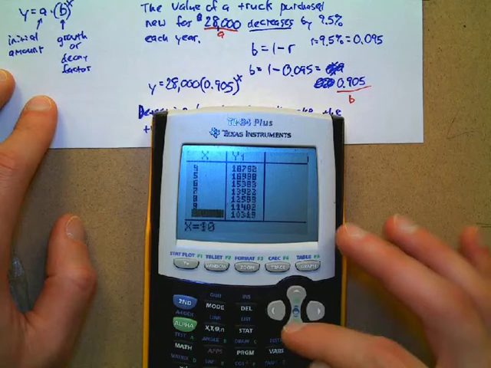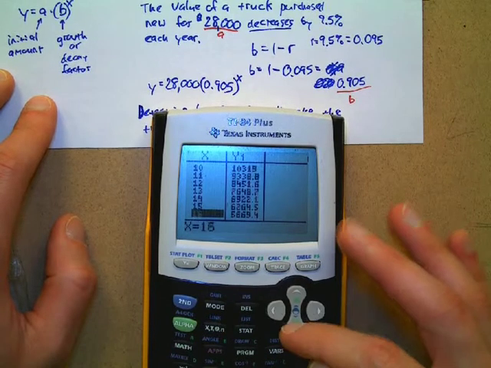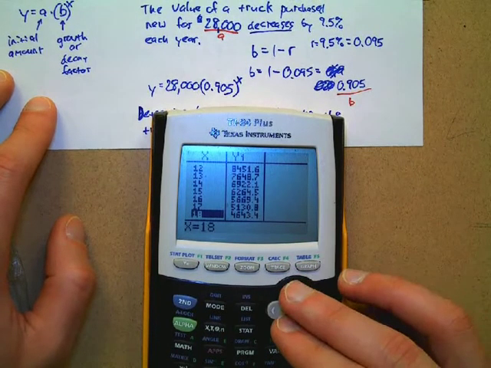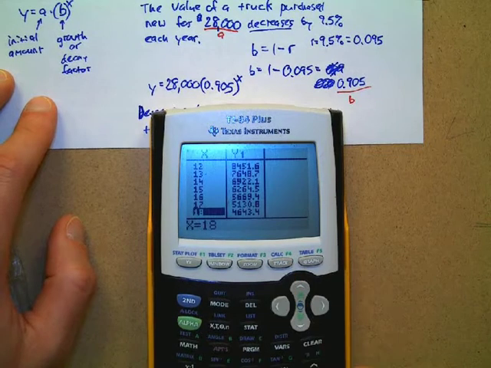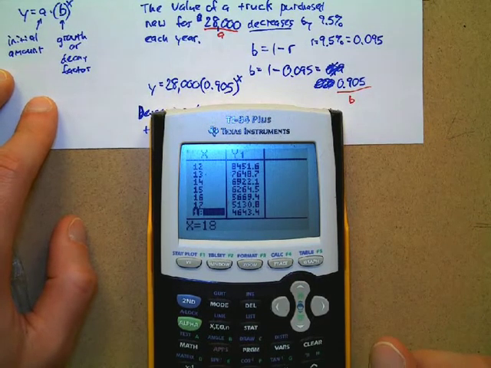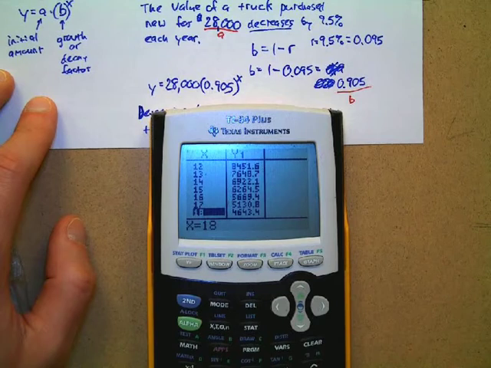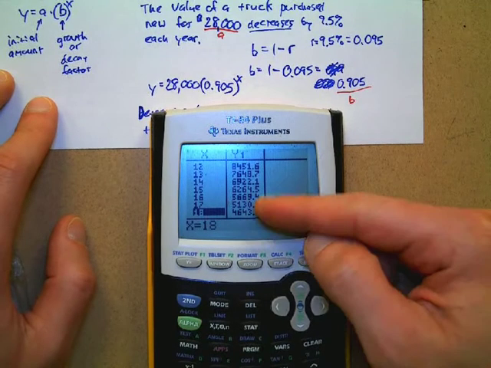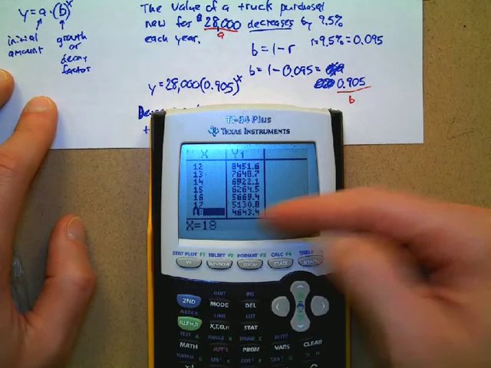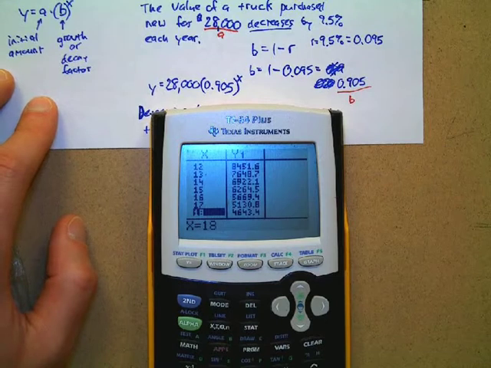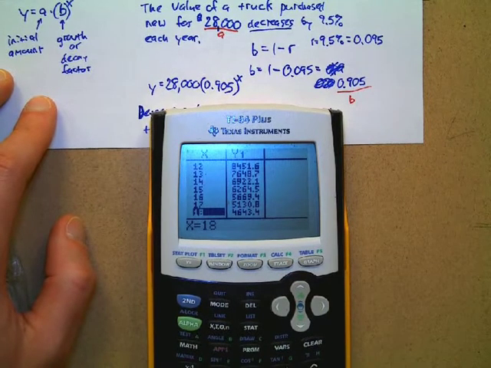As we go lower and lower, there it is. During what year will the truck be worth $5,000? Year 17. Between year 17 and year 18, it goes from $5,130 to $4,643.40. That seems like a pretty decent estimation.